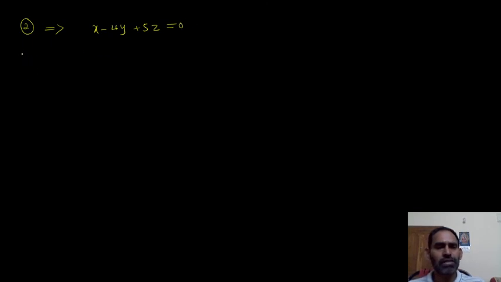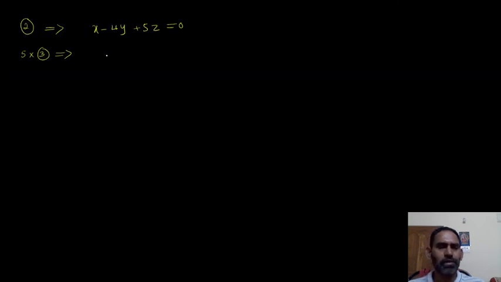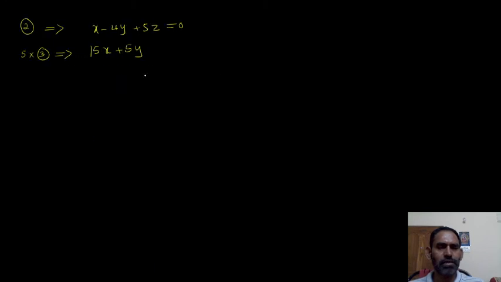Next, equation 3 multiplying with 5, because here 5z is there, here minus z is there. 5 into equation number 3: 15x plus 5y minus 5z equal to 21 into 5, that is 105.